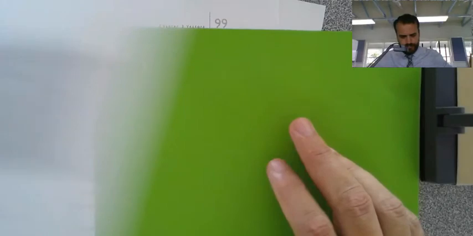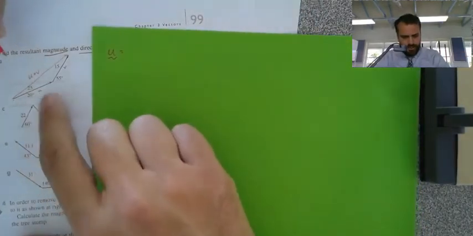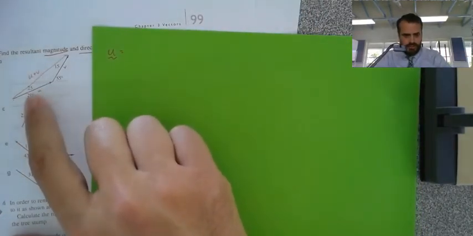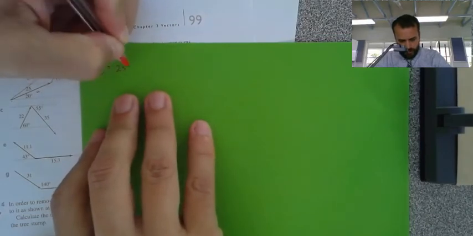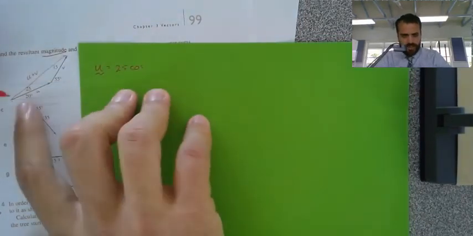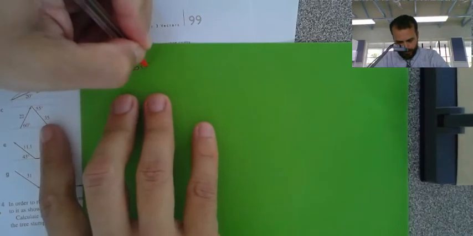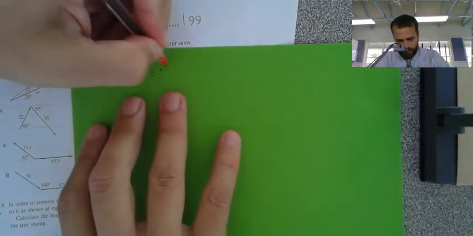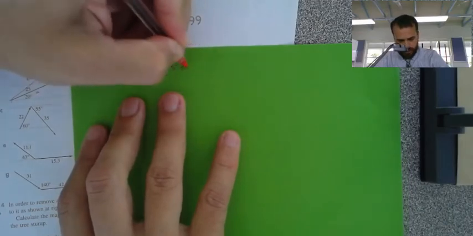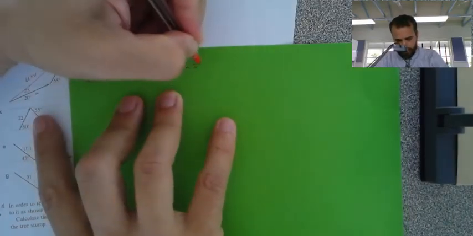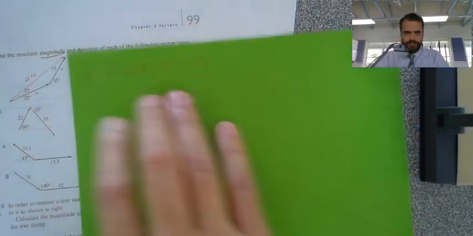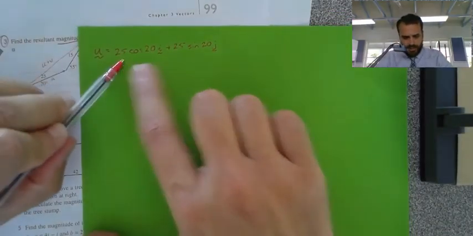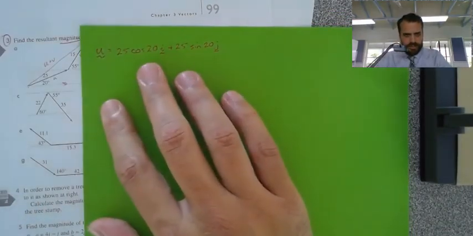So, u is equal to the magnitude of u, 25, cos this angle here, 20, i, plus the magnitude, 25, sine the angle, 20, j. Now that angle is taken from the positive direction of the x-axis.